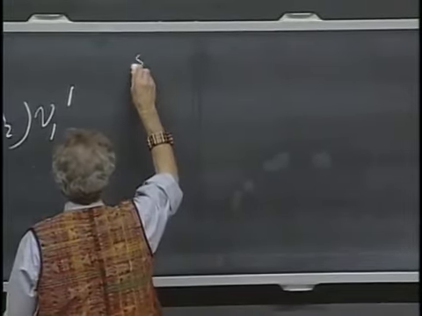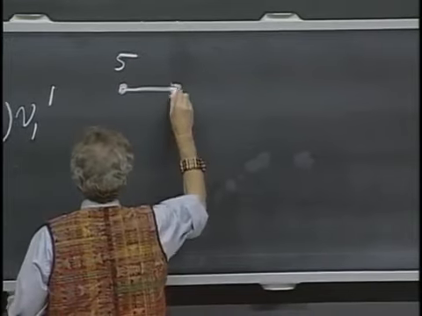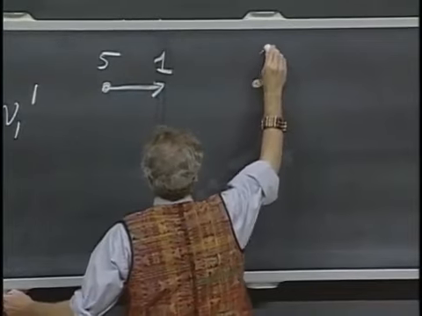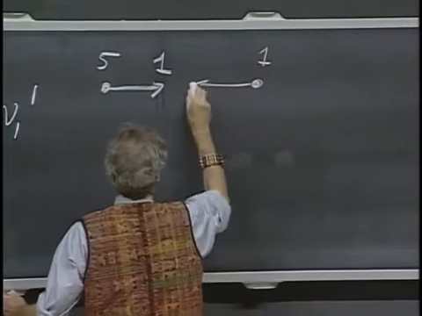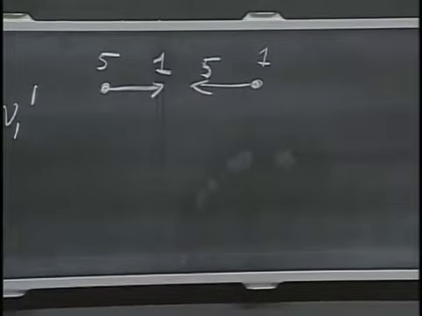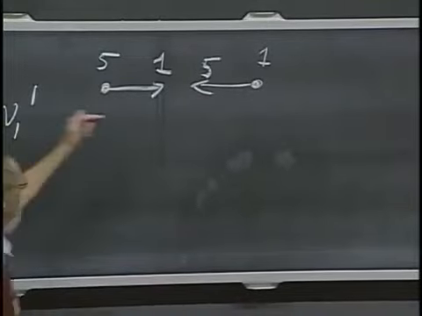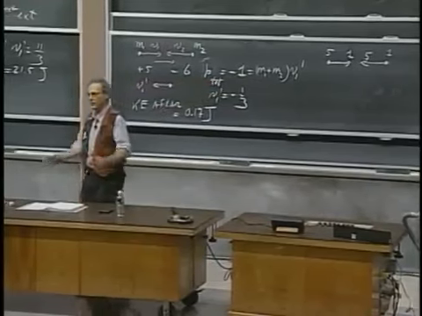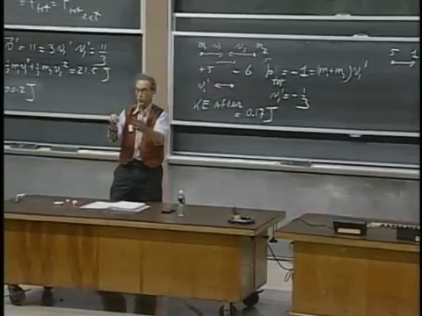Suppose this particle has a mass 5 and the velocity is 1. This is my shorthand notation. And this particle has a mass 1, but it has a velocity 5. The momentum of this system is 0. Plus 5 in this direction, minus 5 in this direction. But you bet your life there is kinetic energy. After the collision, they hit each other. We agreed that they would stick.